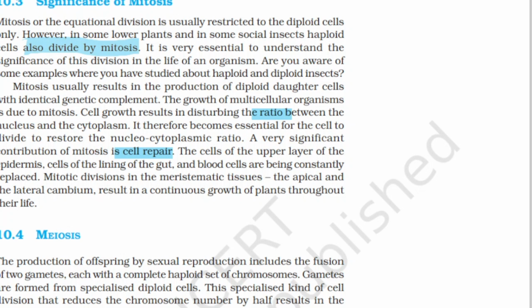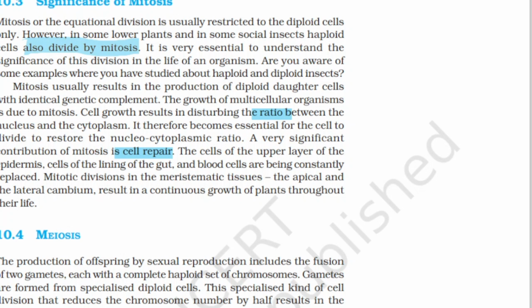The cells of the upper layer of the epidermis, our skin, the cells of the lining of the gut and blood cells are being constantly replaced. This is one of the important points. You need to remember this line.